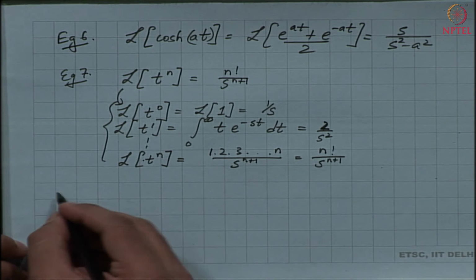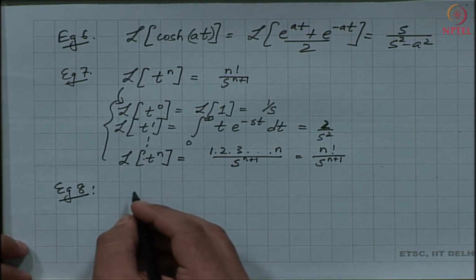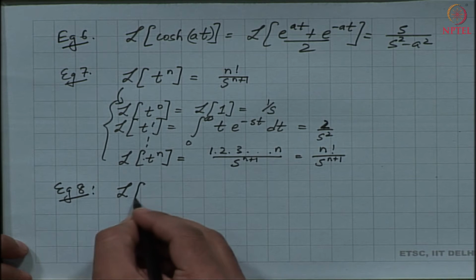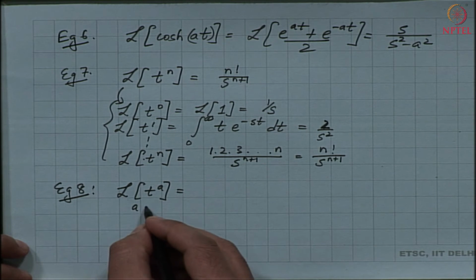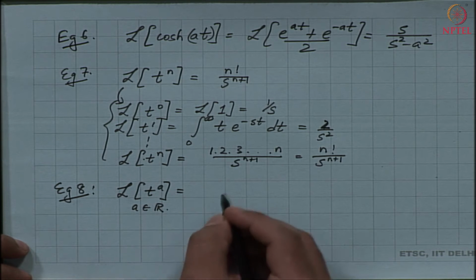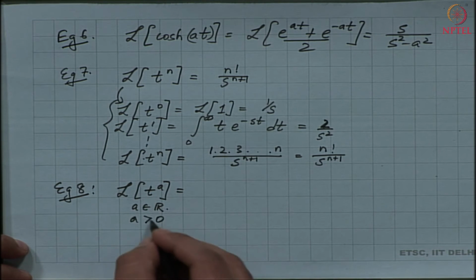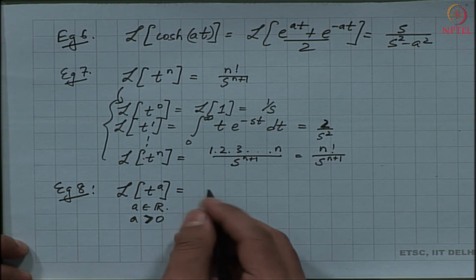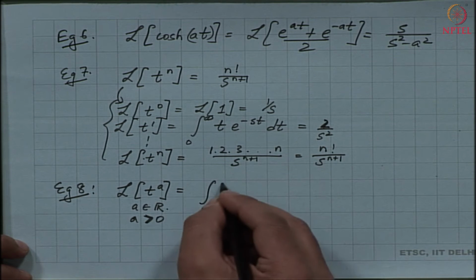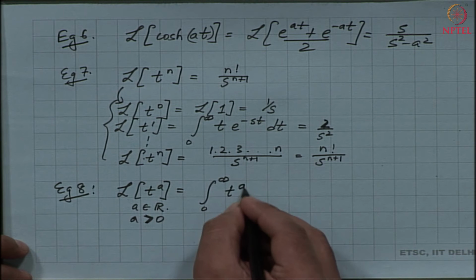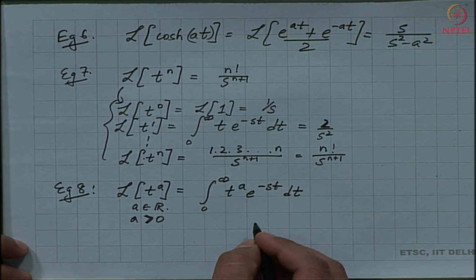Okay. Well, there are a few more. Let us continue doing a few more examples. The Laplace transform of t to the power a, where a could be any real number this time, well, I need a to be positive as well, is given by this integral from 0 to infinity of t to the power a e to the power minus s t dt.